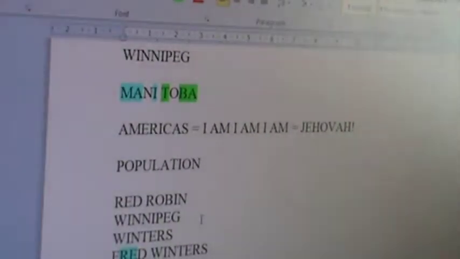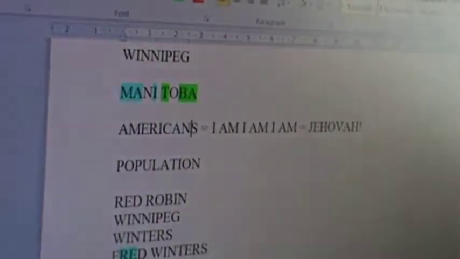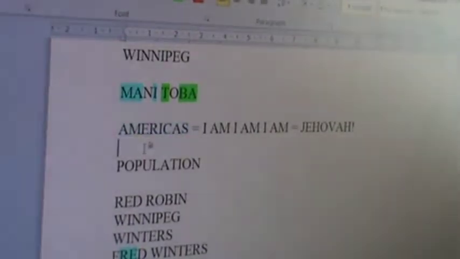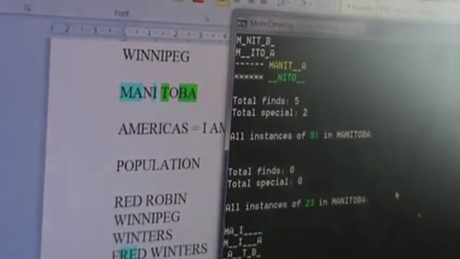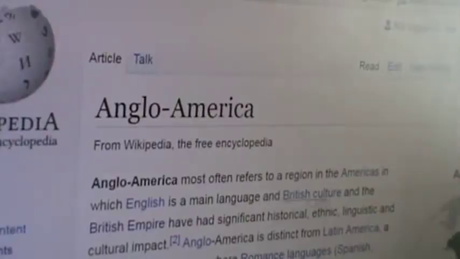So we solve North America, South America, Central America, and all Americans, because you got the same letters in Americans, and United States of America just throws in the S for you. There's so many "I ams" in the United States. But we are starting with my homeland here, Manitoba, Canada.